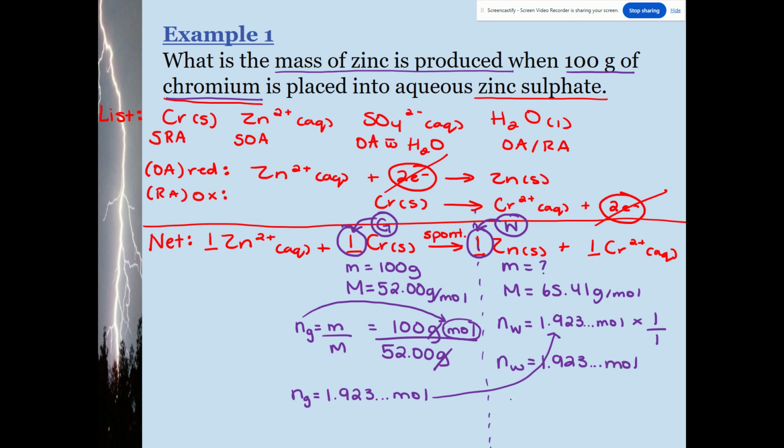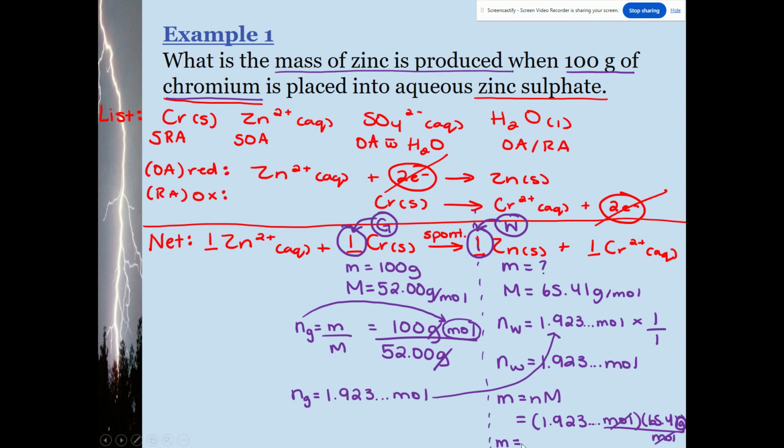Now I can find my answer, which is mass, with moles times molar mass. So the moles I've just found, unrounded, times my molar mass, 65.41 grams per mole. So my moles cancel and we're left with grams on the top. I'm going to have to write really small here.